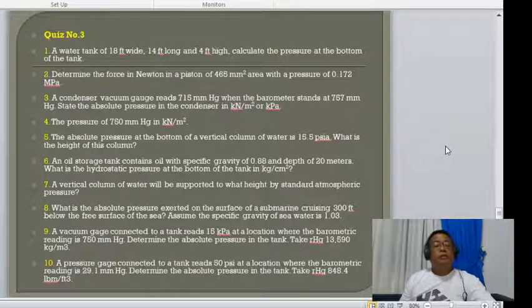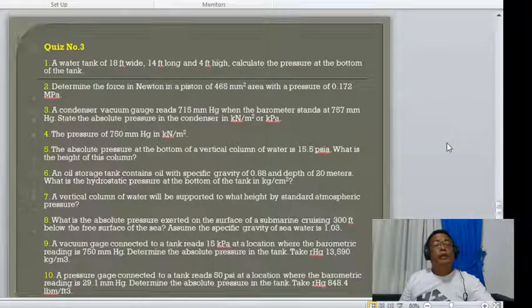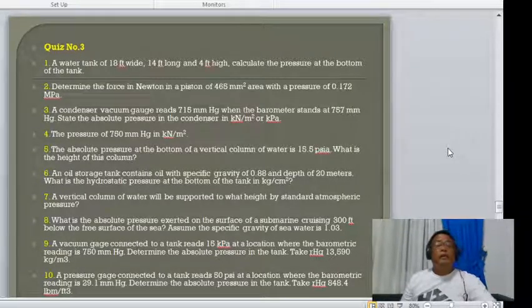So that's all. We have here an activity where you are going to solve and submit.